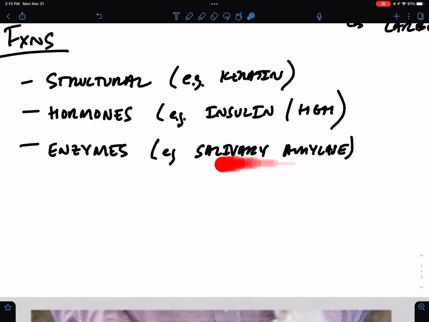Your mouth contains an enzyme called salivary amylase that takes starch and starts to break it down into glucose monomers. So if you let a cracker sit on your tongue for long enough, it will get all mushy-gushy, and it will also start to taste sweeter because you perceive glucose to be sweeter than you perceive starch. And salivary amylase is doing that job of breaking down those starch polymers into glucose monomers.